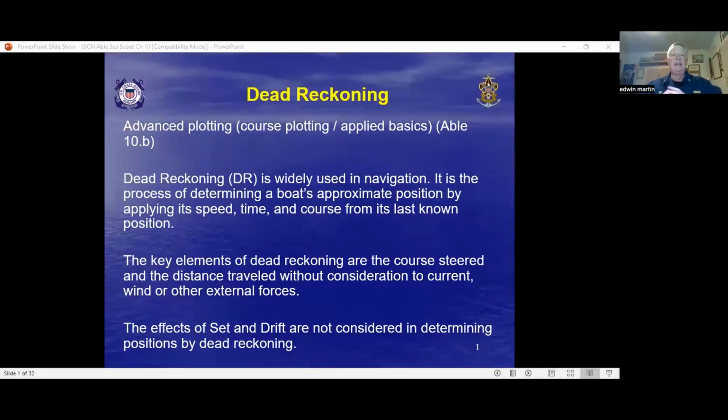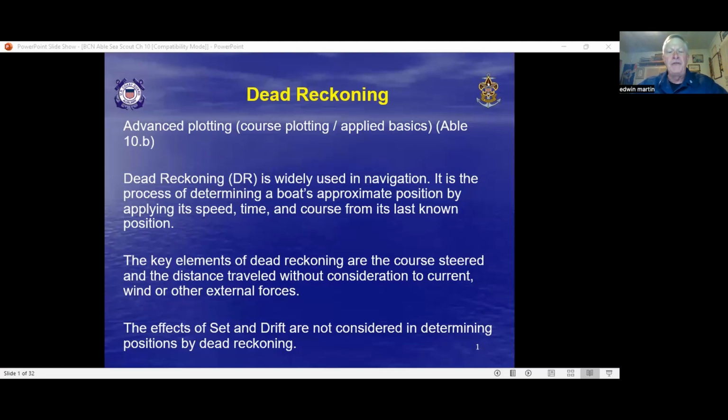We go. This is the advanced plotting course for your ABLE certification. And I'm going to be going over 10B tonight. Dead reckoning, widely used in navigation. It's one of the basic tools for navigation.